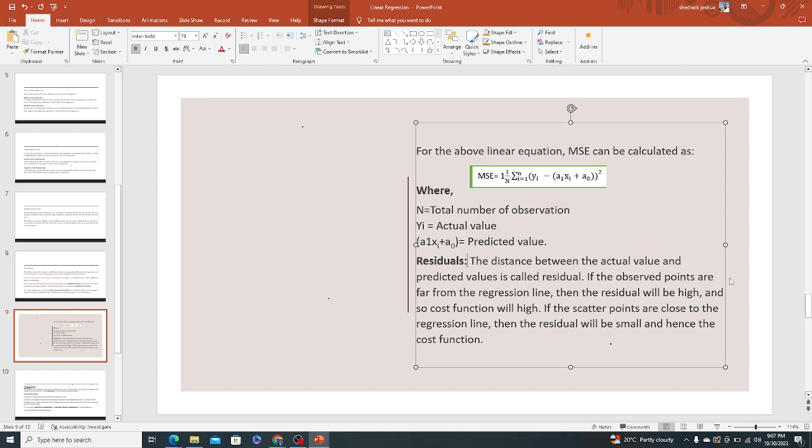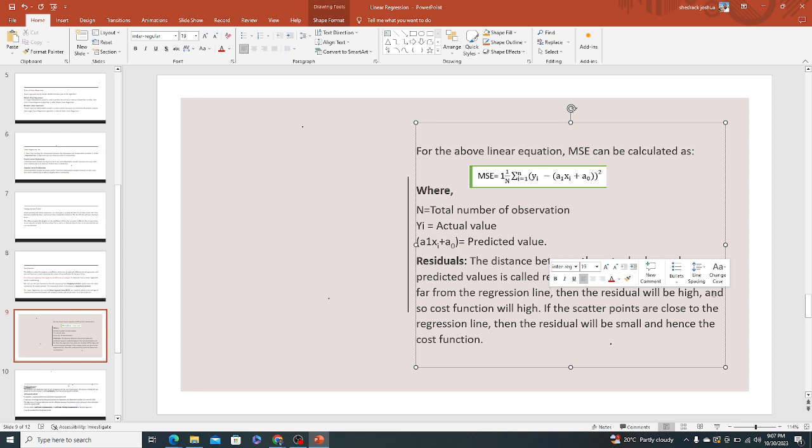If the observed points are far from the regression line, then the residual will be high. So the cost function will be high. In case our observed points are far away from the regression line, the residual, which is the distance between the regression line and the predicted values, will be high.